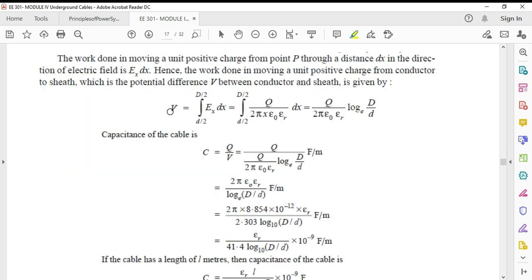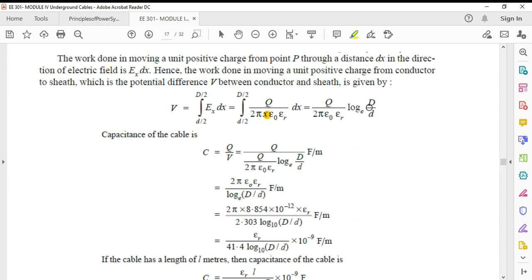So it is the integral from d by 2 to D by 2 of Ex dx, that is Q by 2 pi x epsilon 0 epsilon r dx, integrated from d by 2 to D by 2, where 1 by x is the variable.